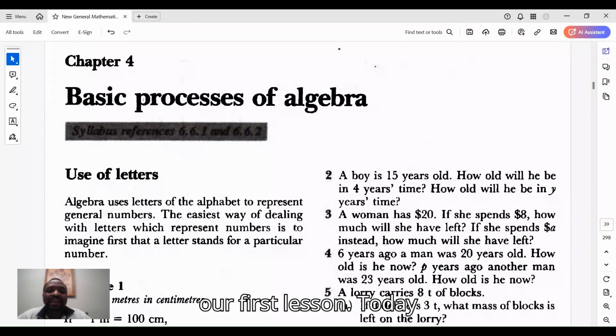Today we are on algebra, and today we are on the basic processes of algebra.